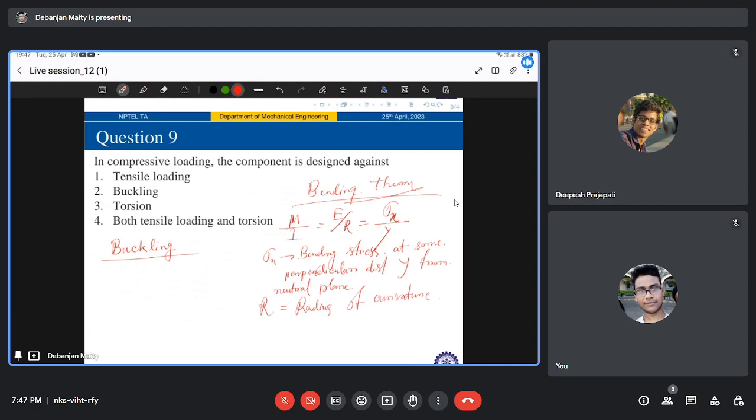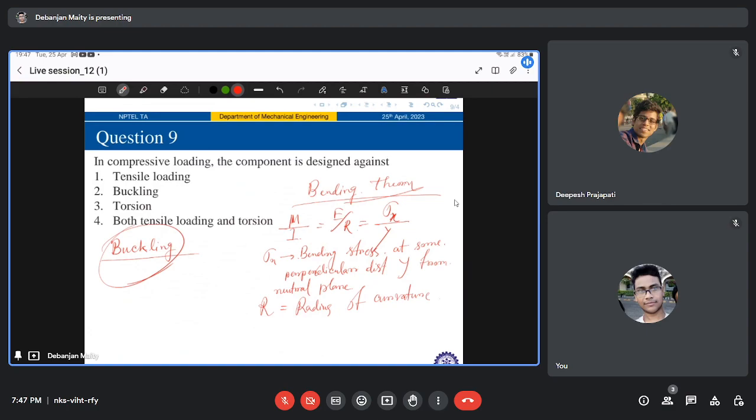So mainly we need to design for buckling. Depending upon the length of the member, you can have this slenderness effect that can come into picture.